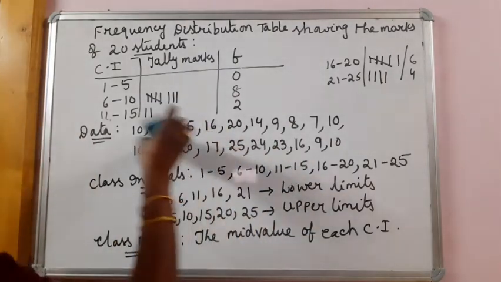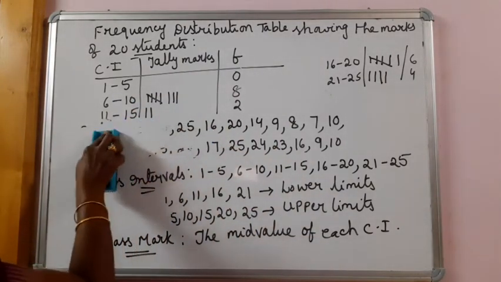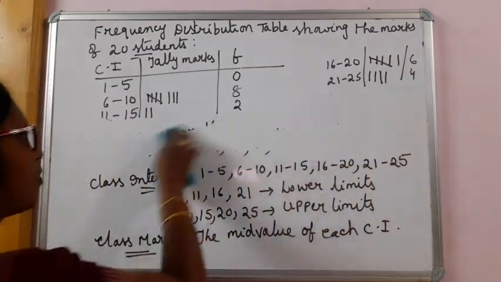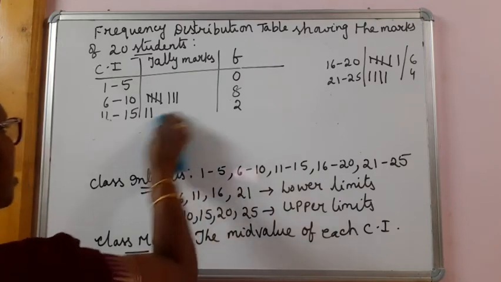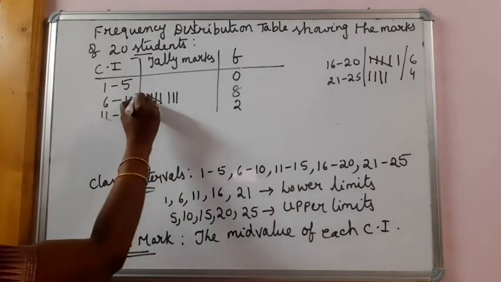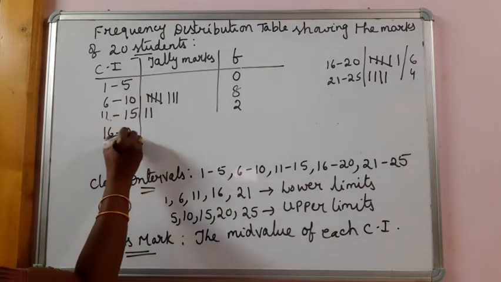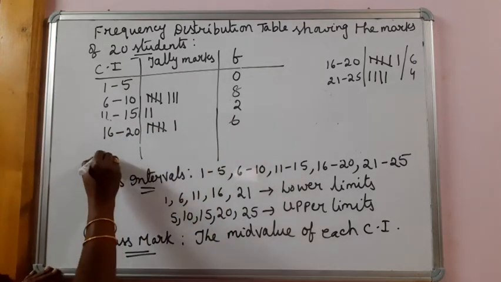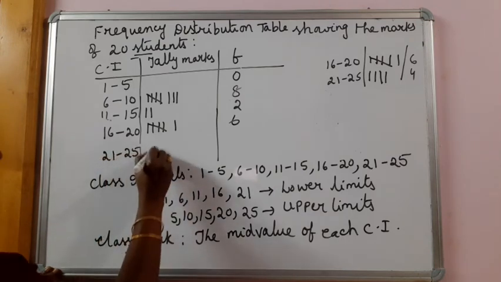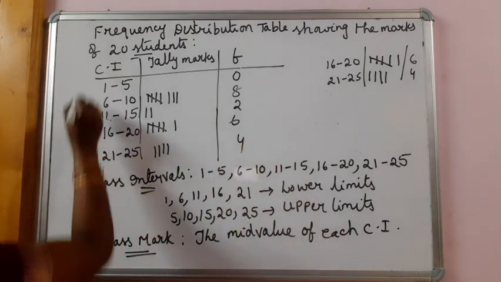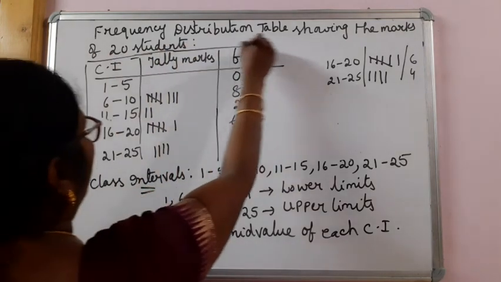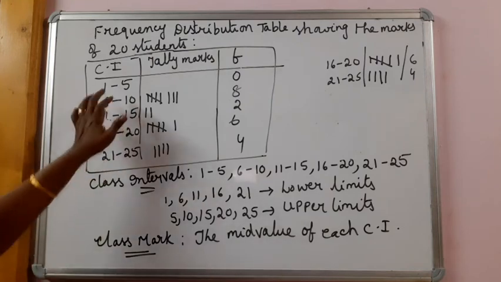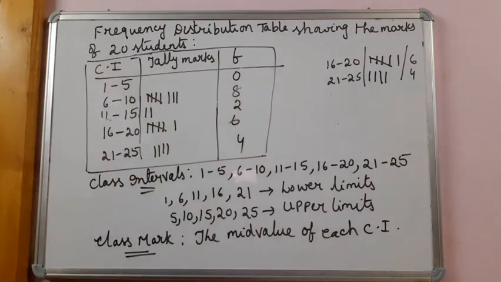Yes. Now I will write here. Because of lack of space I wrote there, but now I am writing this side. So 16 to 20 we have 1, 2, 3, 4, 1, 6. And here 21 to 25 we have 1, 2, 3, 4. So this is the frequency table showing the class intervals and the corresponding frequencies.